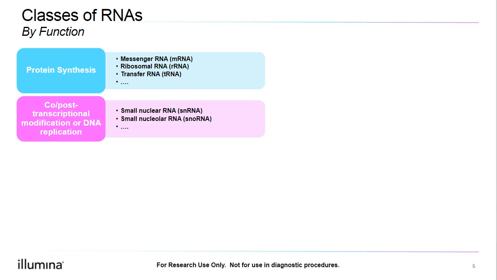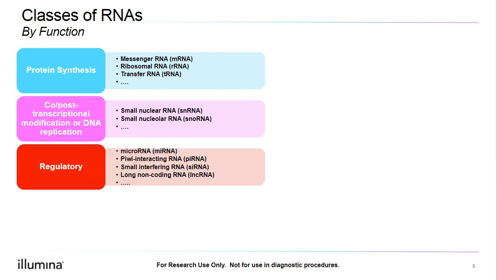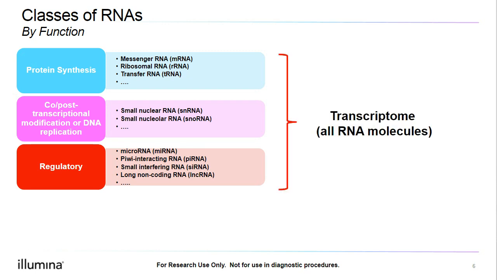These would be our small nuclear and small nucleolar RNAs. Then we have regulatory RNAs, which include microRNA, piRNA, small interfering RNA, and long non-coding RNA. Together, all of these are considered our transcriptome.